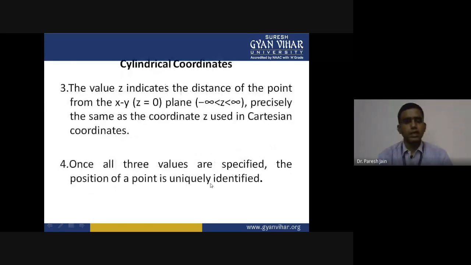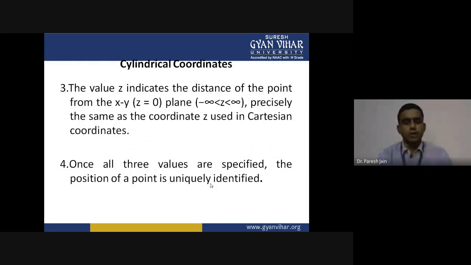The value z indicates the distance of the point from the xy plane. That is, z equal to 0 is the plane equation, and the value of z is varied from minus infinity to infinity. Precisely the same as the coordinate z used in the Cartesian coordinate system.